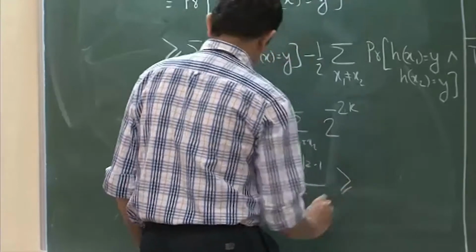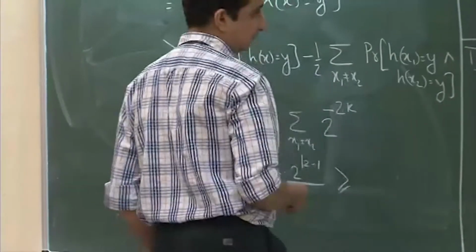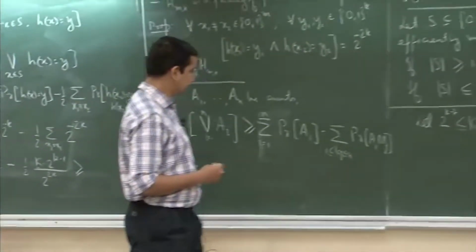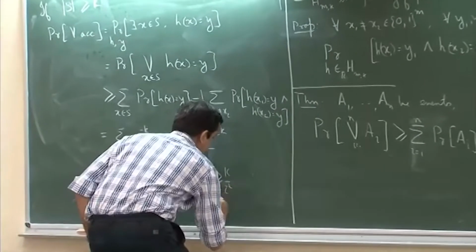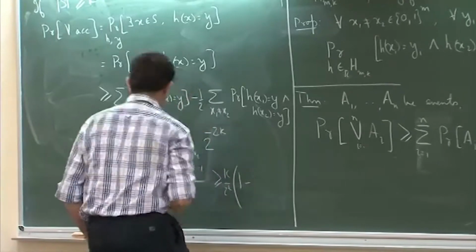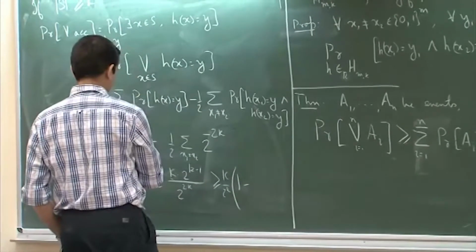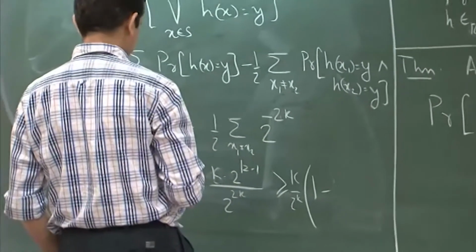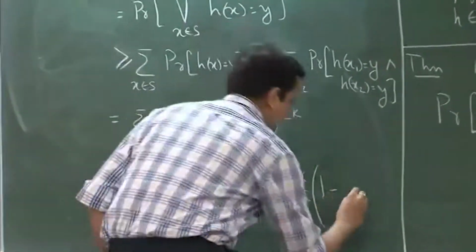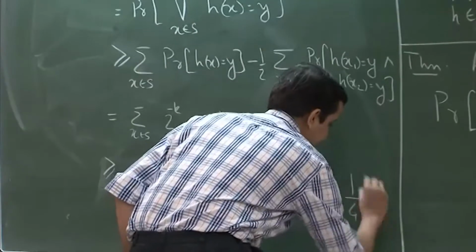So, this is greater than... so, k by 2 to the power k is how much? Okay, anyway, I will come to that later. I will just take k by 2 to the power k common. So, that is 1 minus 1/4, right? Yeah. So, you can verify this, I mean this is not difficult.